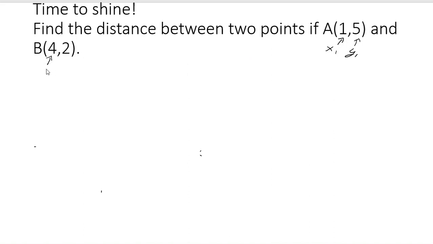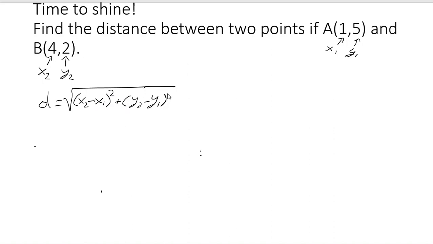So this is going to be x2, and this one is going to be y2. Using the distance formula, square root of x2 minus x1 square plus y2 minus y1 square, and then we just substitute values.